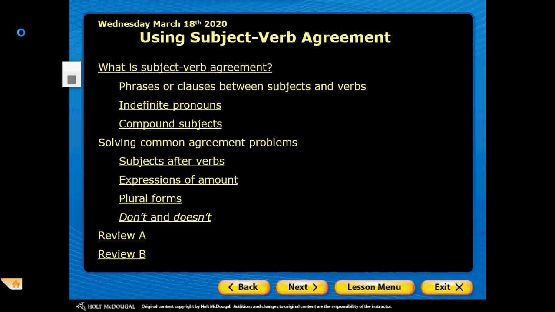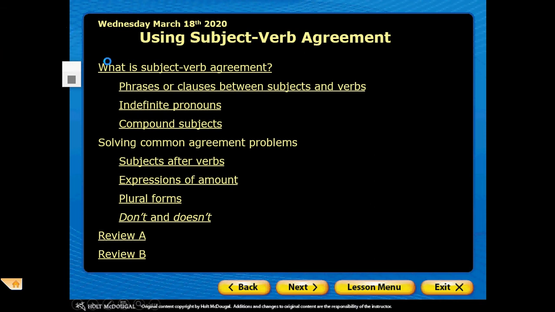I'm joined with Mr. Omar. Hi there. Hi everyone. And today we're going to be having discussions about using subject-verb agreements. Now, you might have seen that most sentences do have a subject and verb. So we're going to recognize the subjects and the verbs and make sure that they're in agreement.